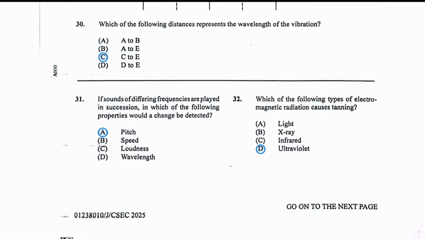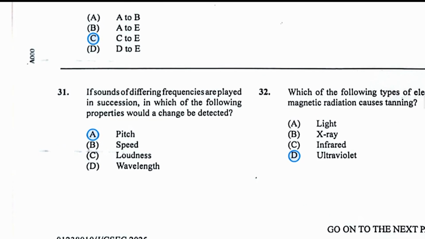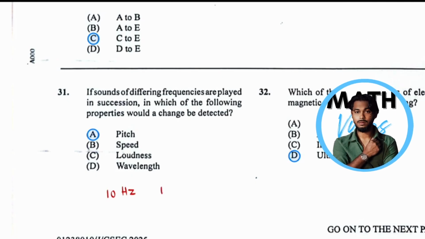If sounds of different frequencies are played in succession, in which of the following properties would a change be detected? So we are playing frequencies, but in succession. As we keep playing, the frequency increases. Let me just say we start off with 10 Hertz, then we reach 100 Hertz, then we reach 1000 Hertz.